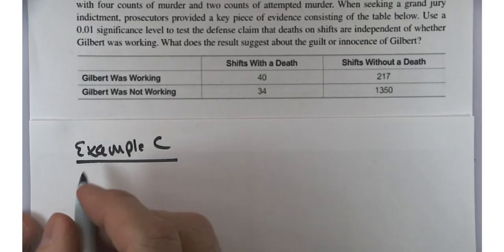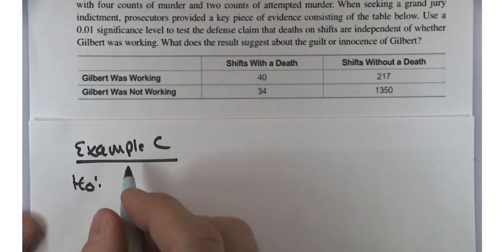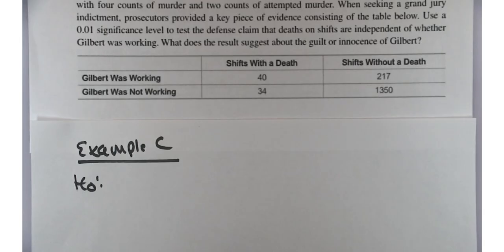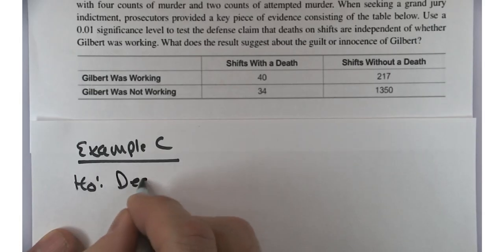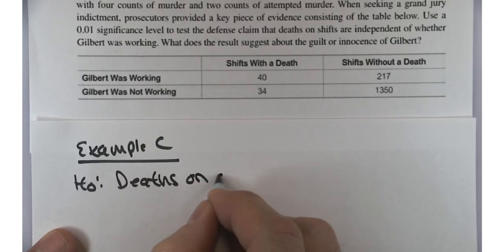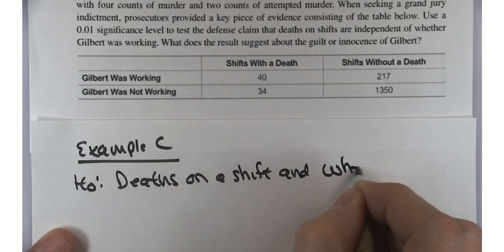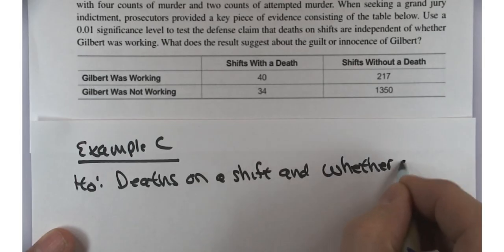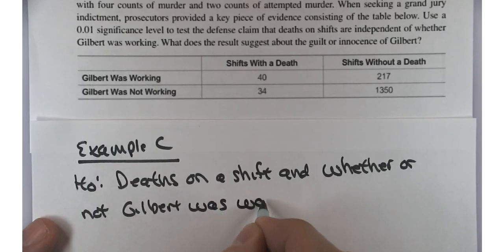Let's see. H naught. So how do I want to state this? Deaths on a shift and whether or not Gilbert was working are independent.